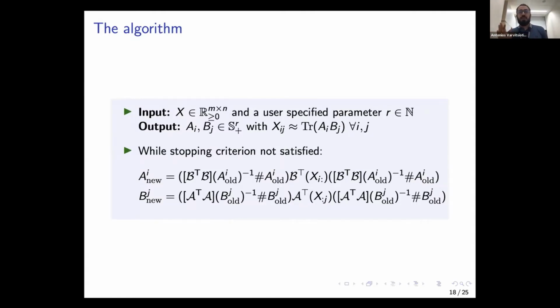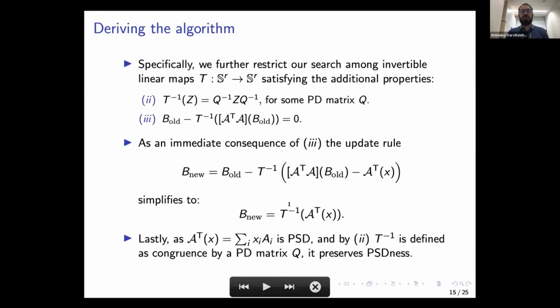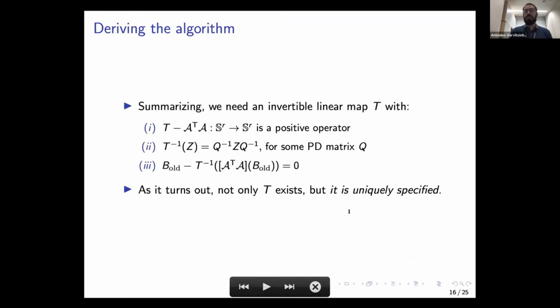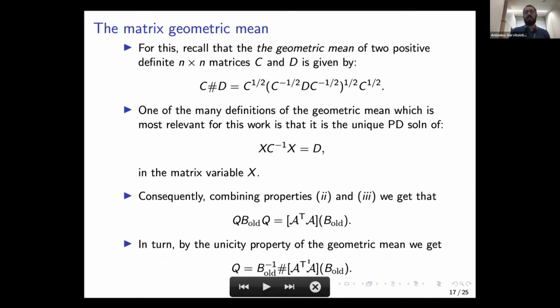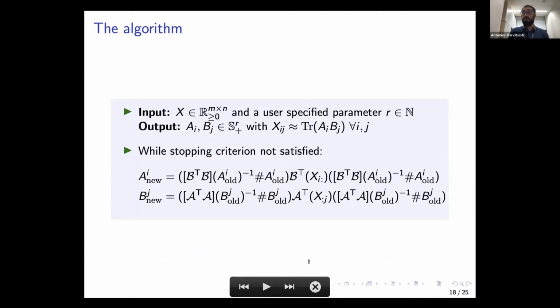It's a bit of a mouthful, but this is just the formula: T inverse acting on A transpose X, remembering that X is the jth column of your input matrix, and we asked for T inverse to be of the form Q inverse acting on A transpose Y, where Q is given by this geometric mean. So this is the algorithm you get for updating your PSD matrices.